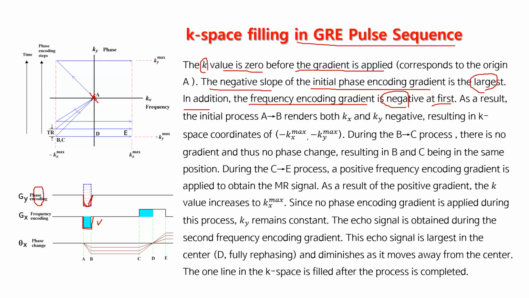As a result, the initial process A to B renders both Kx and Ky negative, resulting in K space coordinates of minus Kx maximum, minus Ky maximum. So from A to B, moving here.